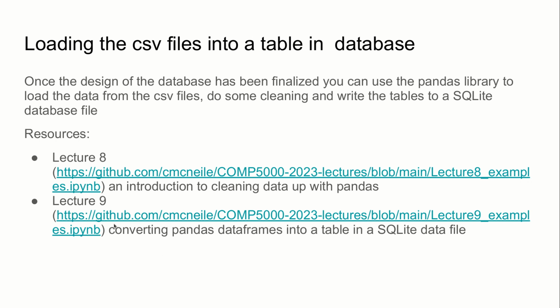Then in lecture 9, here's a link to some examples of converting pandas data frames, loaded from the CSV files, into a table in an SQLite data file. These are the parts of the course where we discussed data cleaning and converting pandas into an SQLite data file.